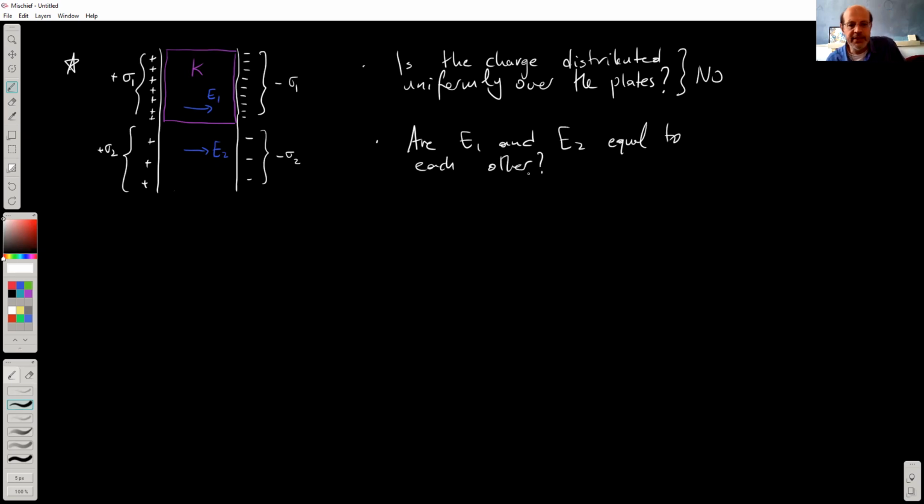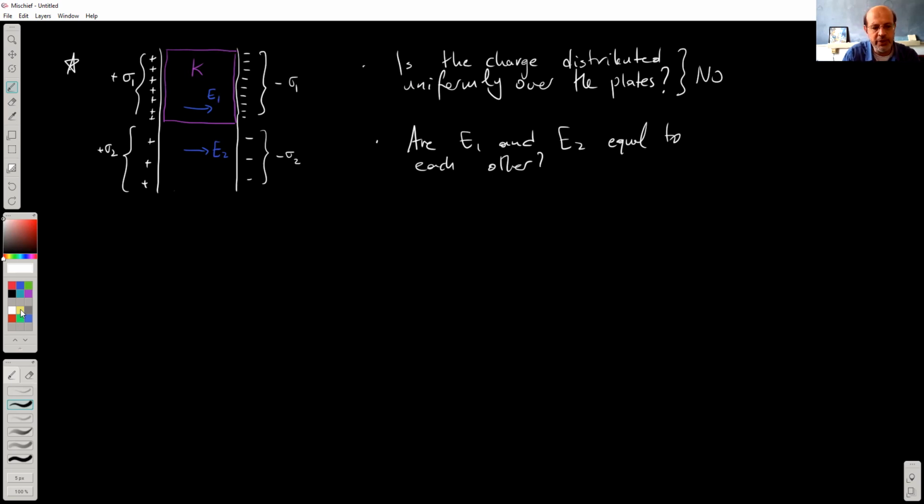Probably there's no reason for that. Well, it appears that there's a reason, actually. This whole plate is an equipotential surface, so they are at the same potential. And this whole plate too is an equipotential surface.